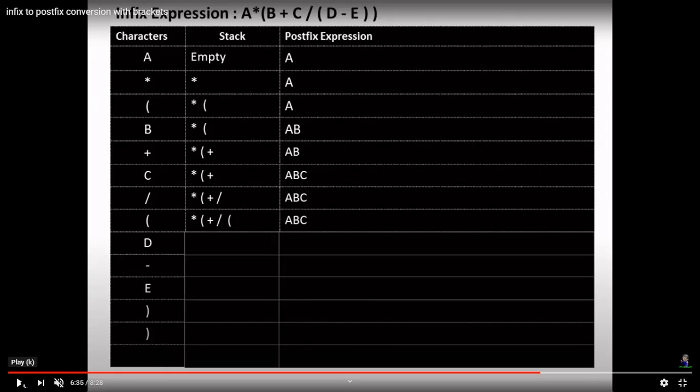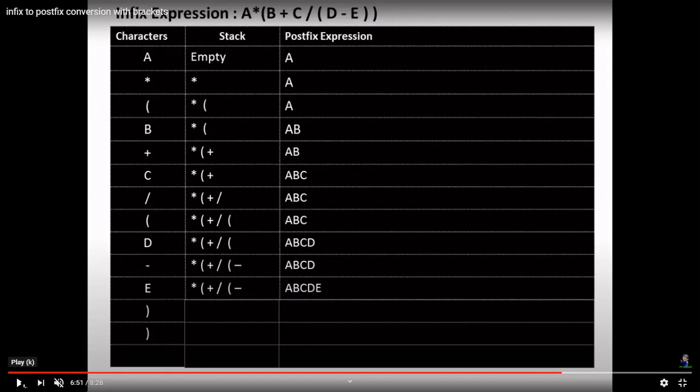In this particular step, we have star, opening bracket, plus, division, opening bracket, and postfix expression A, B, C. Next we have an operand, that is D. D will be placed in the postfix expression. Next we have minus, which we cannot compare to the opening bracket. So the postfix expression we will be having is A, B, C, D.